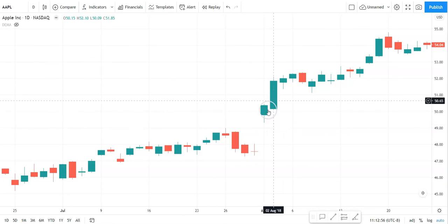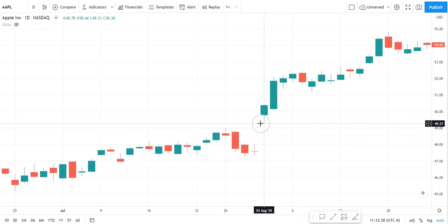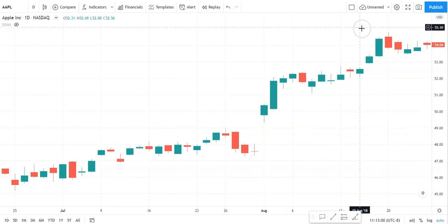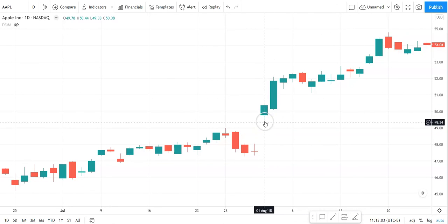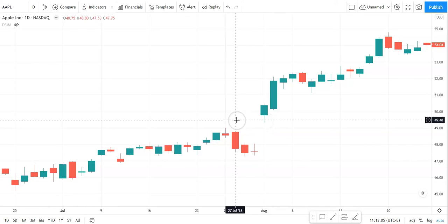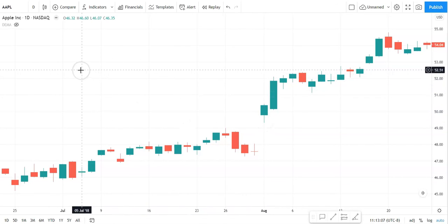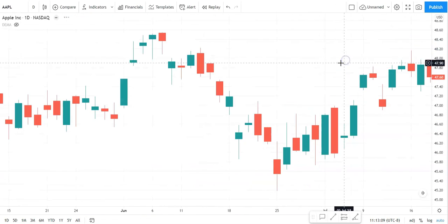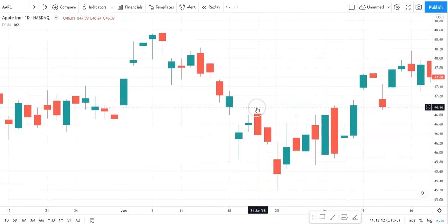And typically when you're looking for a bullish move, you're going to be looking for that long lower wick on a green candle. Or if you think a stock is going to drop, you're looking for a long upper wick on a red candle, just like this.